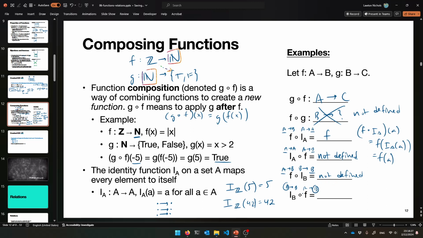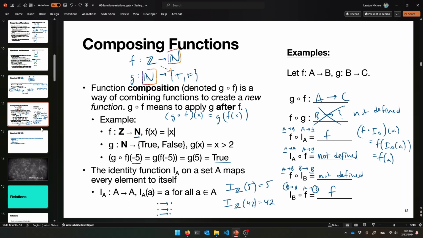And so it's going to take that and map it to f of a, and then the identity function on b's keeps that same output and gives it right back. So this is again equal to f, equal to the original function f, for the same reason as why this one was also equal to f. Okay, so that's that example.